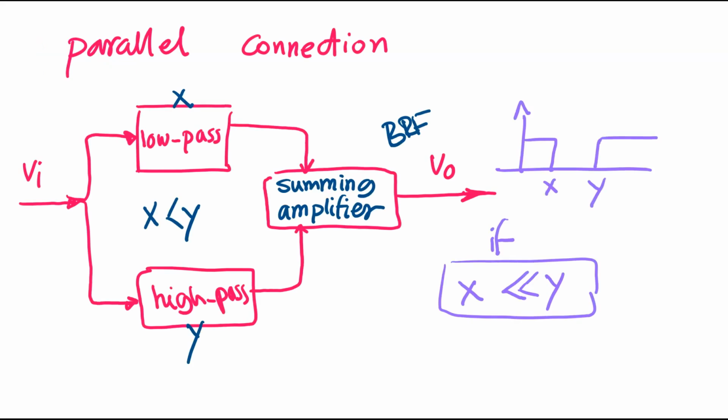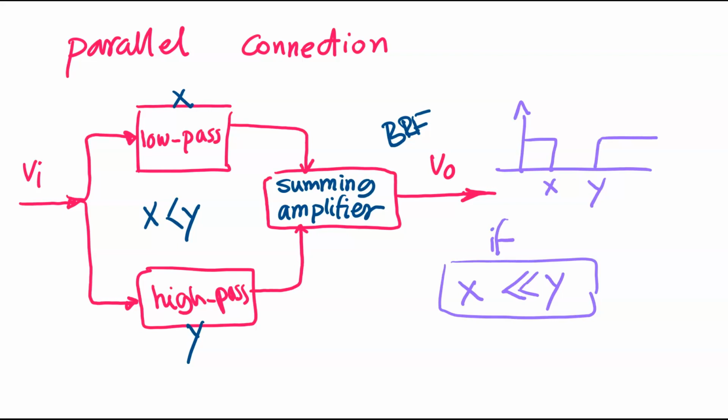So our H of S is going to be, let's go back and look at the parallel connection. So we have the low pass filter in parallel with the high pass filter. Now remember that because this low pass filter and high pass filter use an op amp in their circuit, they don't have a loading effect on each other. So it means that we can consider them as control blocks, and they can be easily added together in order to form the overall system transfer function.